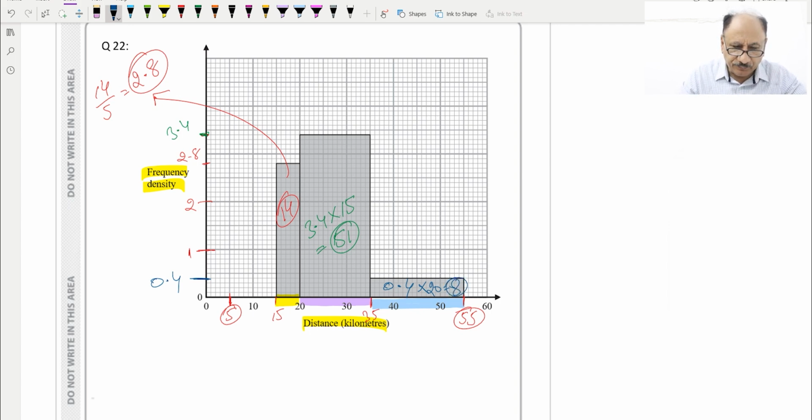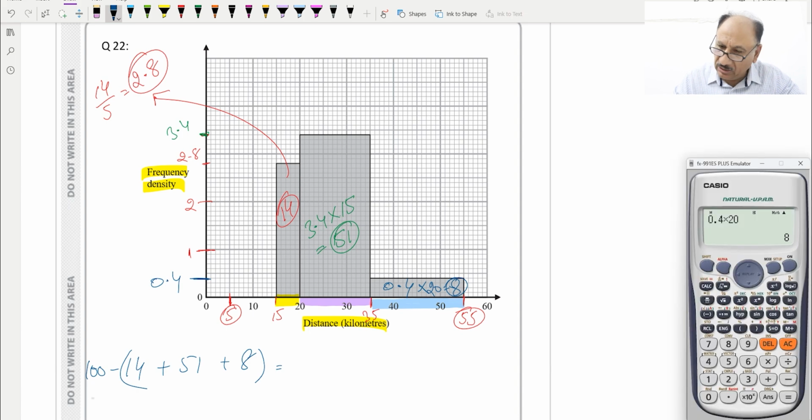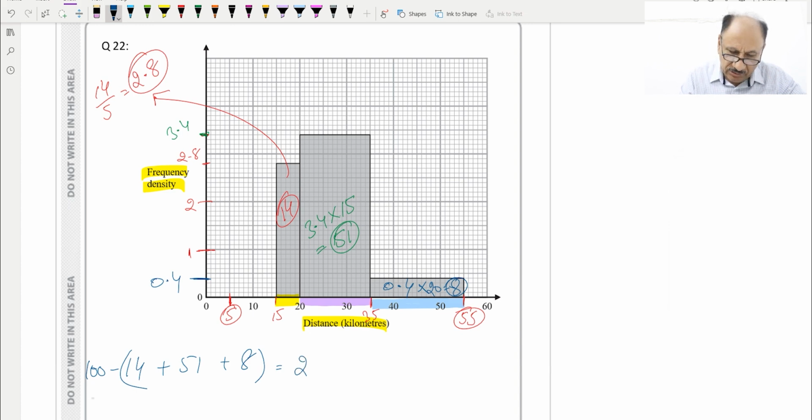Frequency is 8. Now the total given in the question is 100 adults. So we will be calculating how many adults we have assigned to the bars. One bar is 14, the other one is 51, and the last one is 8. And 100 minus this whole thing will give us the first bar. This will be 100 minus (14 plus 51 plus 8), and this is 27.